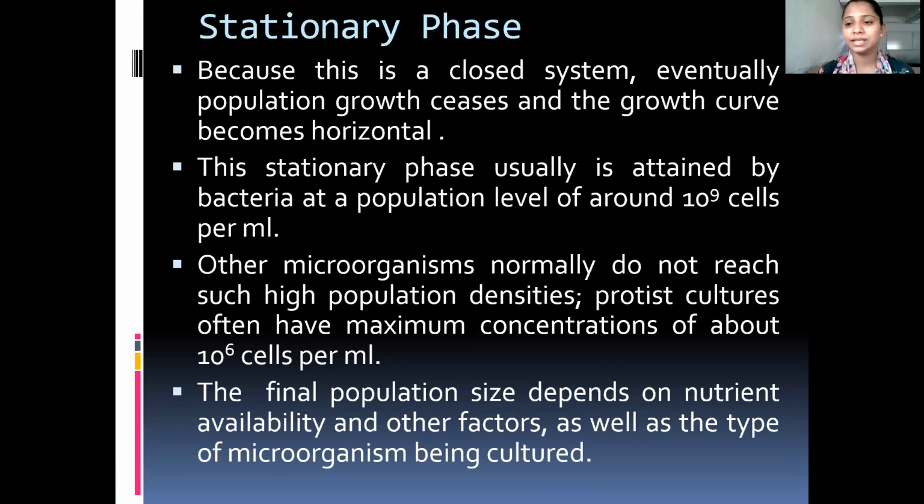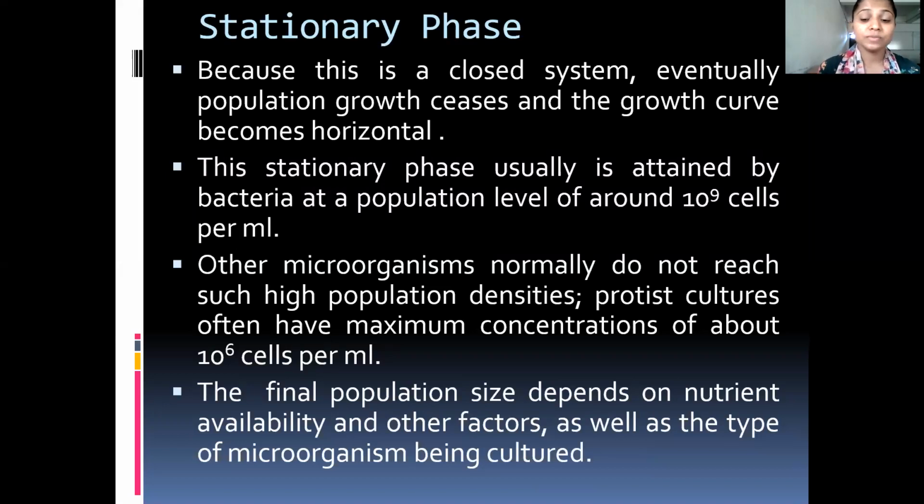Third one is the stationary phase. You can also say that it is the stagnant phase. Because this is a closed system, eventually population growth ceases and the growth curve becomes horizontal. The stationary phase usually is attained by bacteria at a population level of around 10⁹ cells per ml.